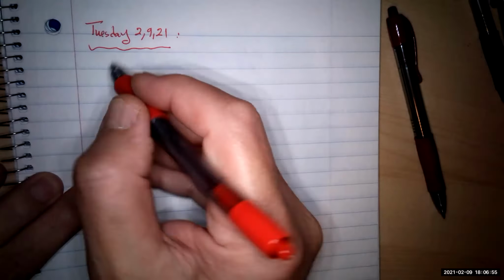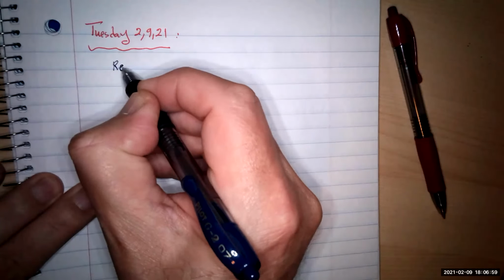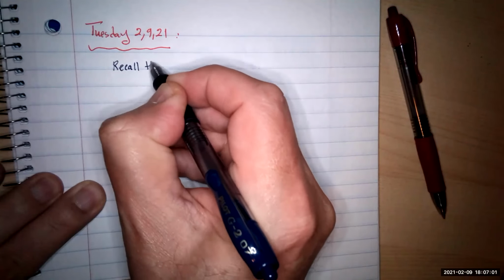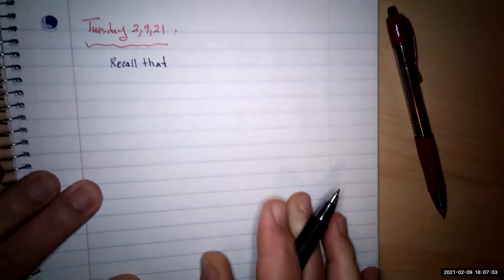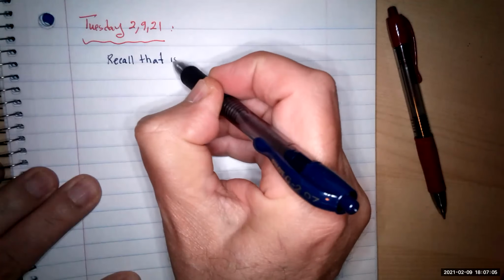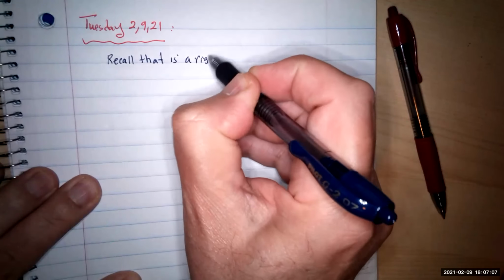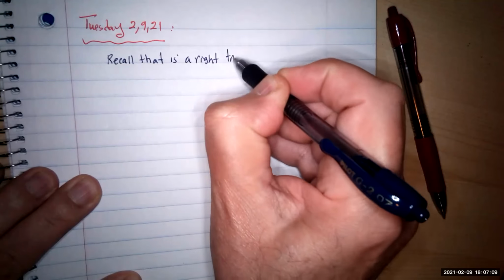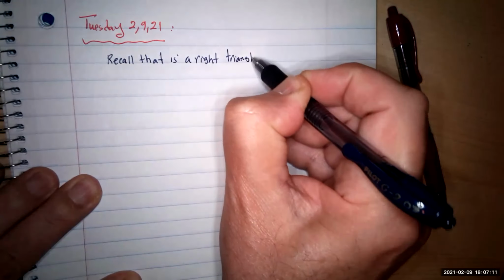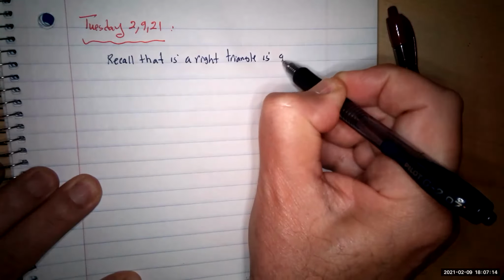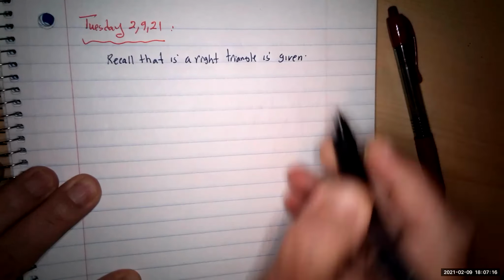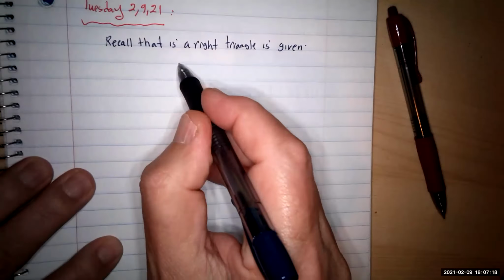Introduce the sixth trigonometric function, okay? So just recall what you got to know so far. Recall that if a right triangle is given, that is going to be the case.